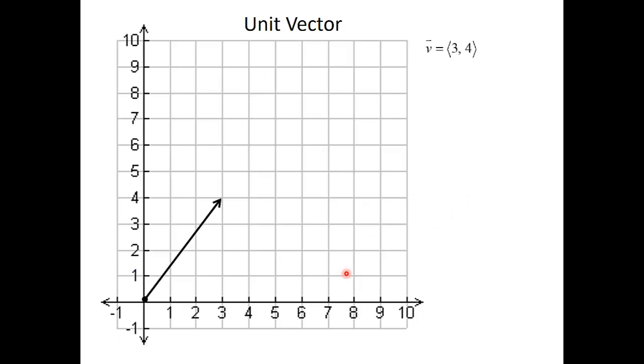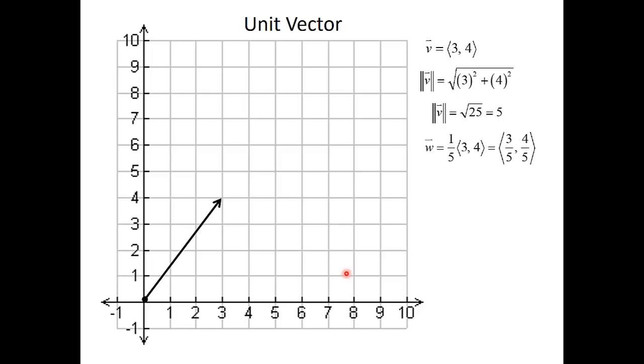Let's suppose we've got this vector 3, 4, and I get the magnitude of it, which is 5. Now, what if I take that magnitude and divide the vector by its magnitude? What does that do? Well, the magnitude is 5, so we would be multiplying the magnitude by 1/5.